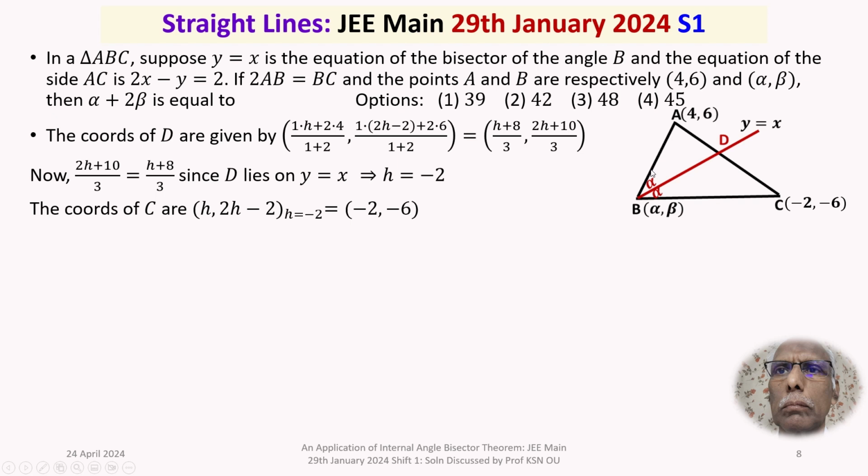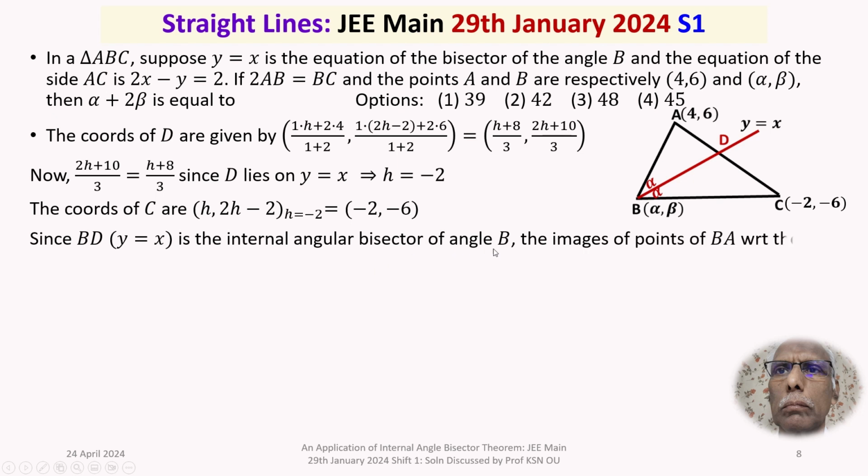Then you can find the images of the points of BA in the line y is equal to x as points on BC. So since y is equal to x is the internal angular bisector of B, the images of the points on BA with respect to the line y is equal to x will lie on BC.